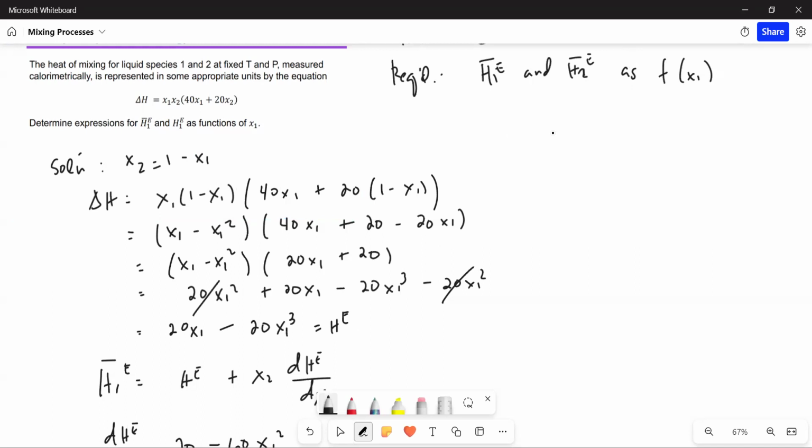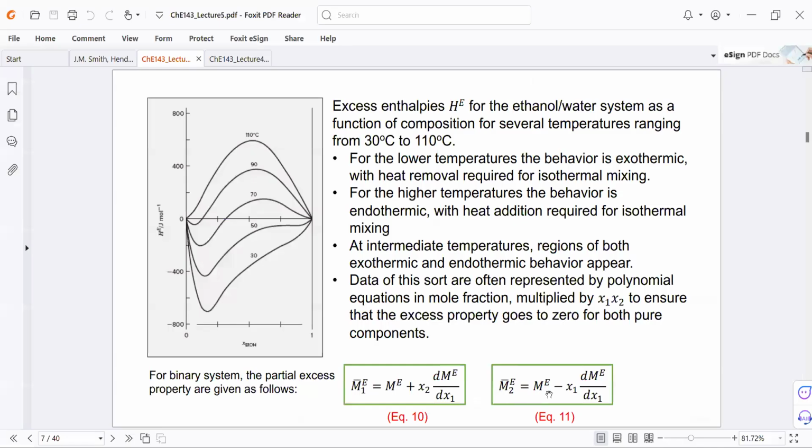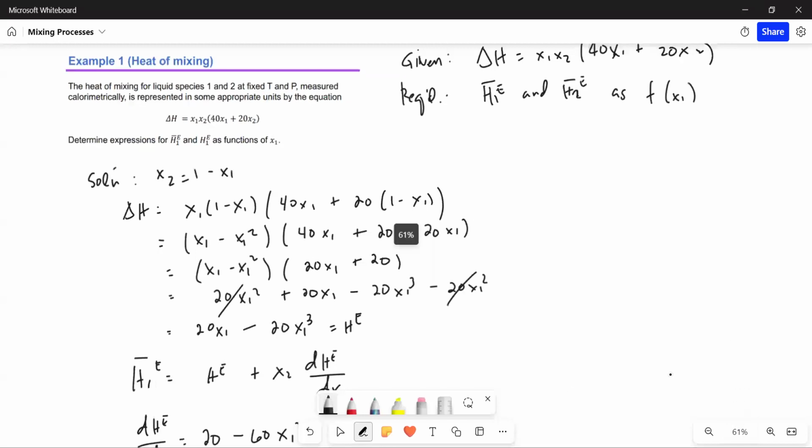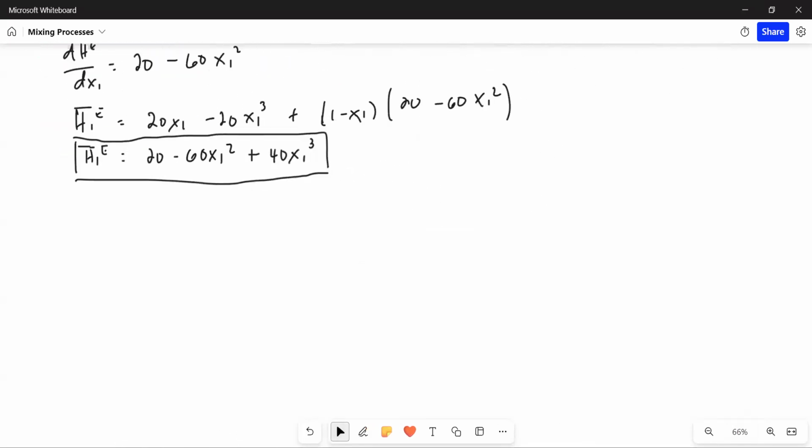So we use equation 2 and do the same. I will not show the details anymore, but use the equation H2E equal to HE minus x sub 1 dHE over dx1.